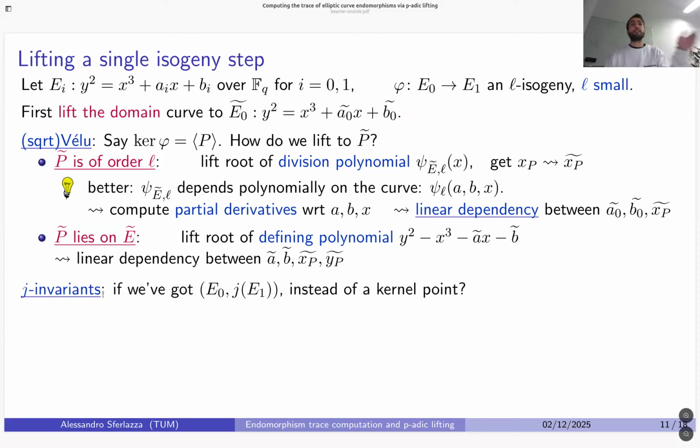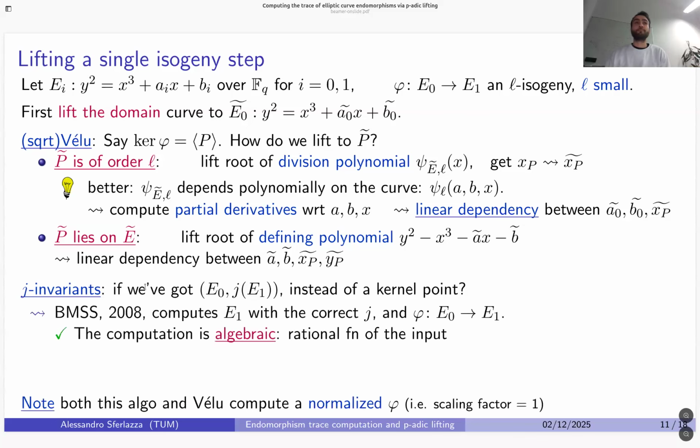There are, of course, alternatives, like if you've got j-invariants, there's a different algebraic set of constraints, like an algorithm by Bostan, Morin, Salvi, Schost in 2008, which computes a codomain in a canonical way, let's say, of the given j-invariant and an isogeny that is normalized.